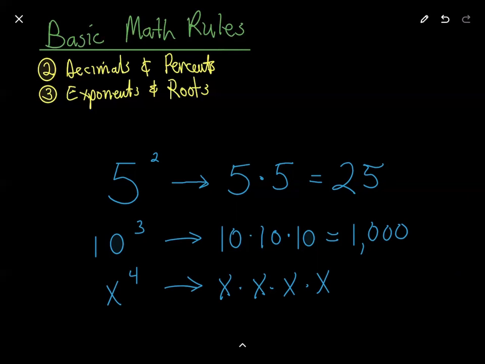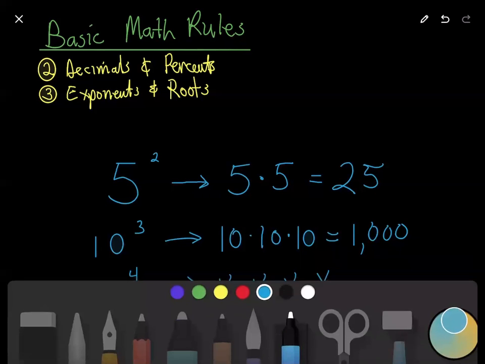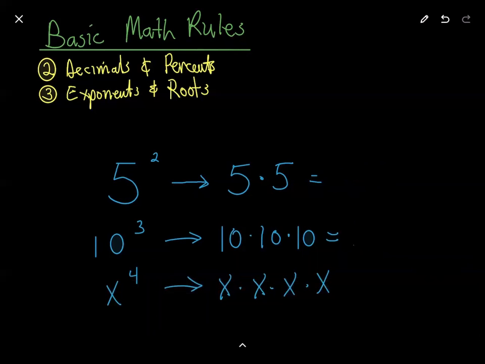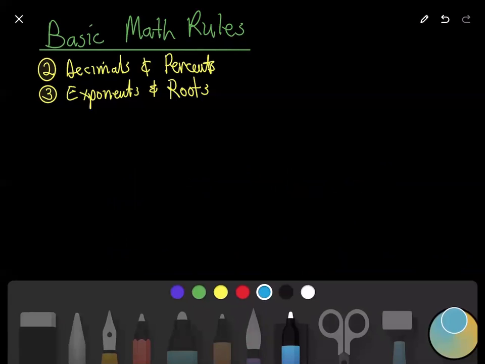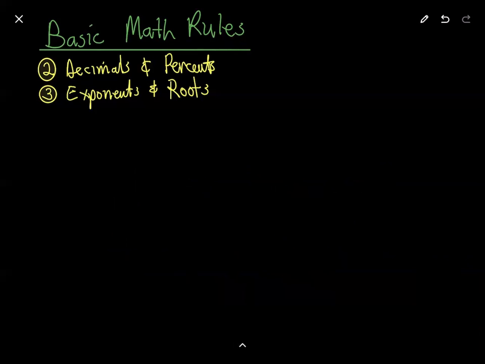Now roots are the inverse of this, or the opposite of exponents. I've heard some people say you can have square roots, for example, which is the opposite of an exponent of 2. Let me demonstrate that for you. All right, so if you have 5 squared, that's 5 times 5, that's going to equal 25.